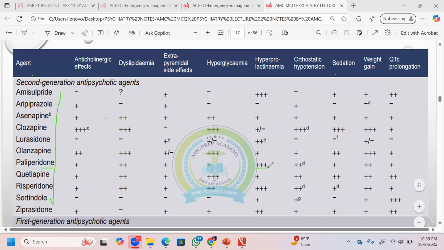See here, risperidone has +3 for hyperprolactinemia. So memorize that these have side effects like hyperprolactinemia. You will also see the patient complains of weight gain. But the important side effect of risperidone is that you have to memorize just hyperprolactinemia.